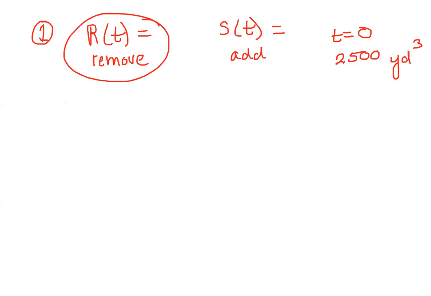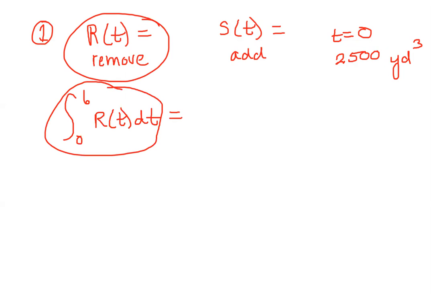Well, here's the rate. So we're going to take the integral from 0 to 6 of R of t dt. You need to write this down when you're doing your free response. You don't have to write out R of t, you can just write R of t, and then you can do that in your calculator, okay?